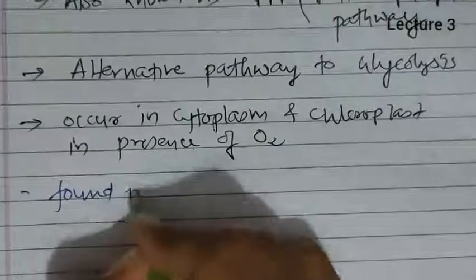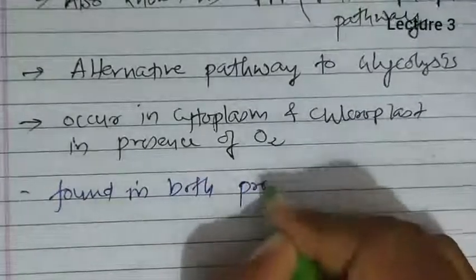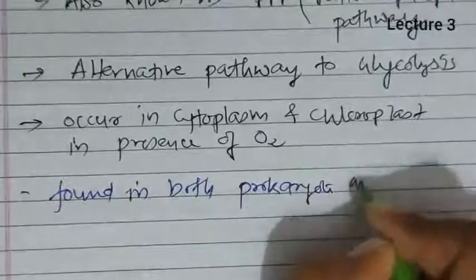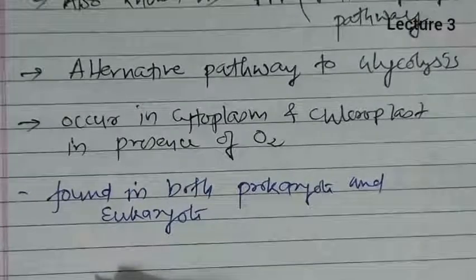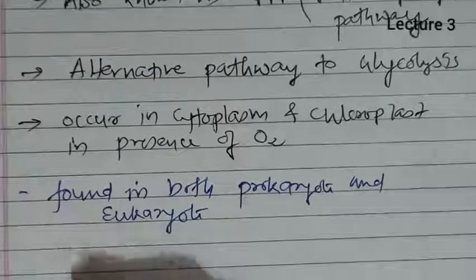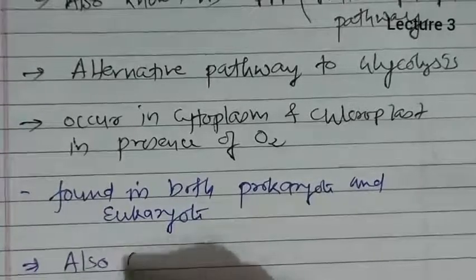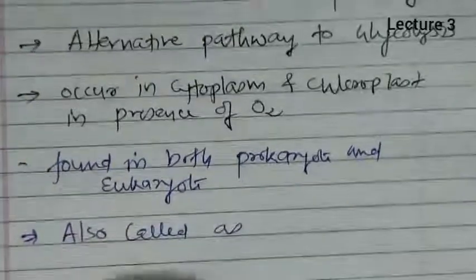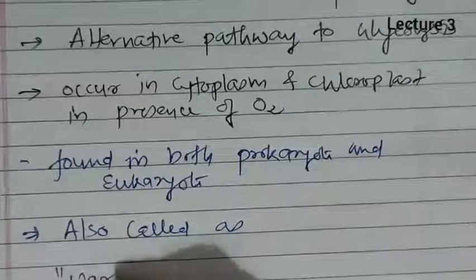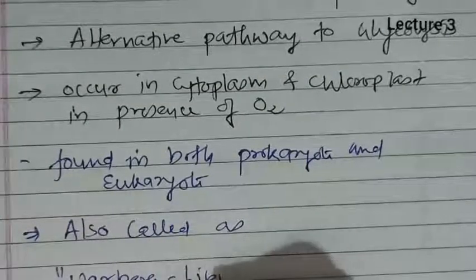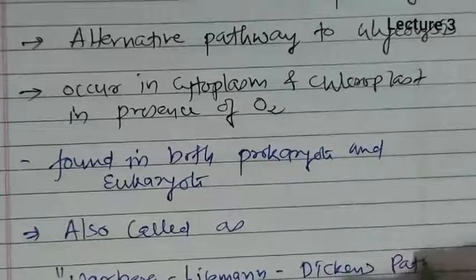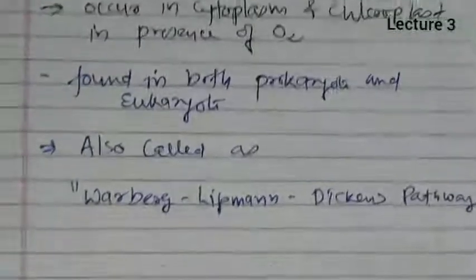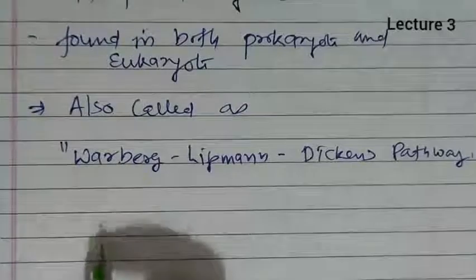It is found in both prokaryotes and eukaryotes. And it is also called the Warburg Lippmann Dickens pathway, which got discovered by these scientists.